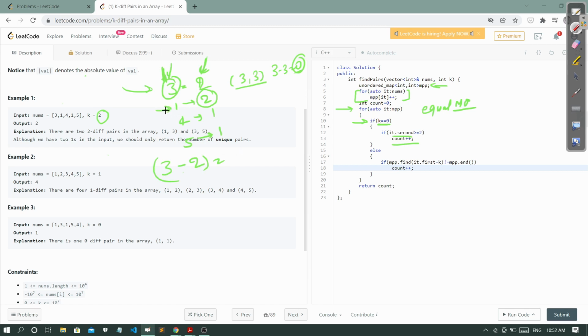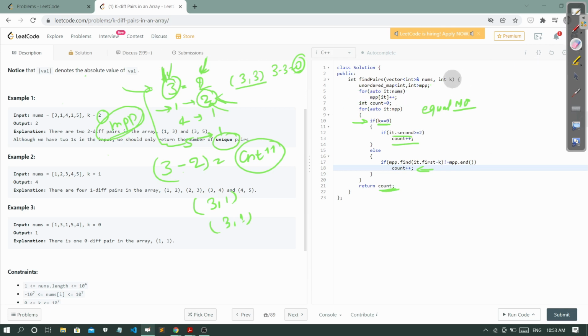So in this case 1 exists, but the occurrence of 1 is 2, so we are not going to increase by how many times 1 occurs, but we only increase the count by 1, because if we increase the count by how many times it occurs, then we get duplicate pairs like 3 1 as well as 3 1, but we have to find only unique pairs. So we increase the count by 1 here also, and after iterating this map we get the total number of pairs in this array. So we have to return the count.